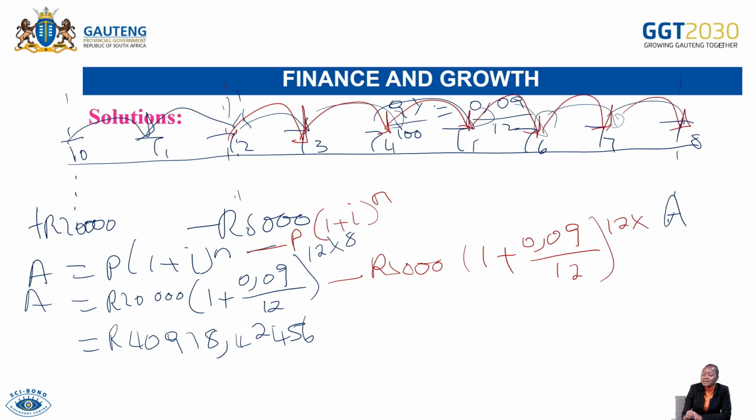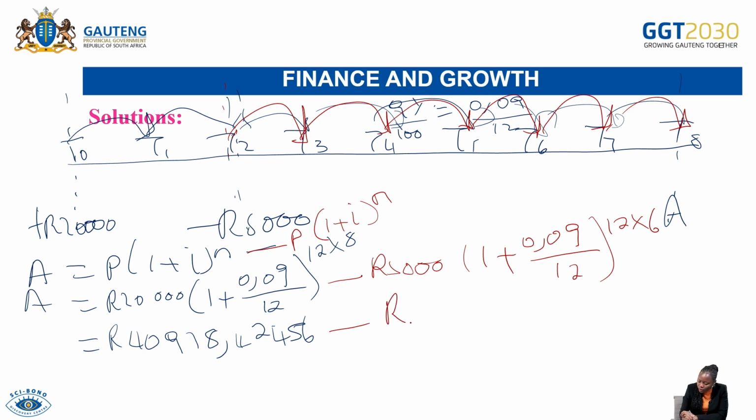So this 5,000 was going to accumulate interest for the remaining 6 years. So you need to say 12 times 6. Are we together? Okay, so we need to subtract the 5,000 and its interest. So it's 1 plus 0.09 over 12, close bracket, and the exponent is 12 times 6.